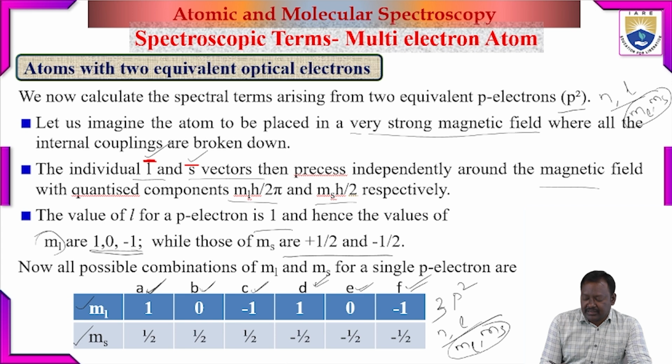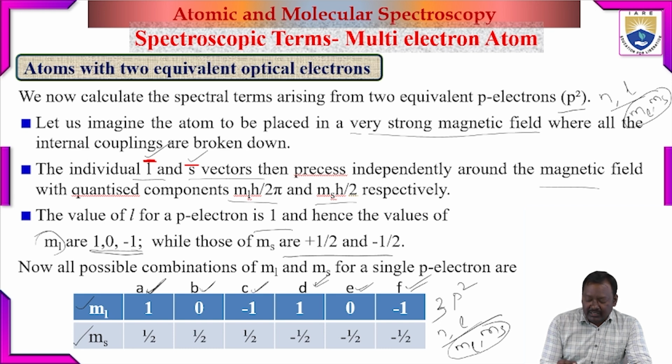An electron can be in any of these 6 states. If one electron is in a particular state A, then the second electron cannot occupy this state A. It should be in any of the other states, B, C, D, E or F.